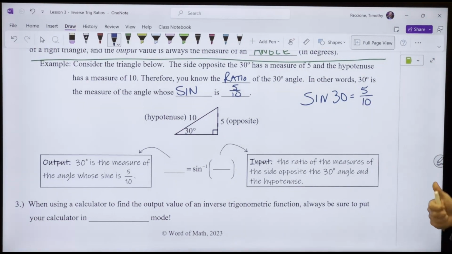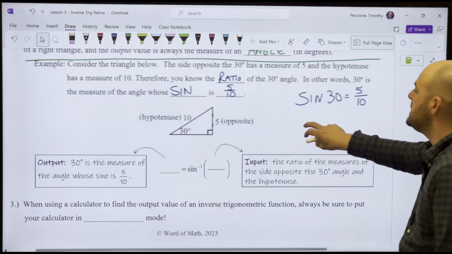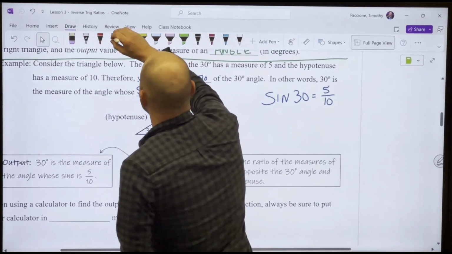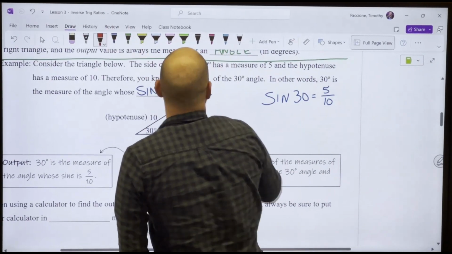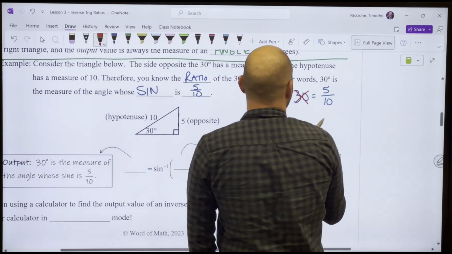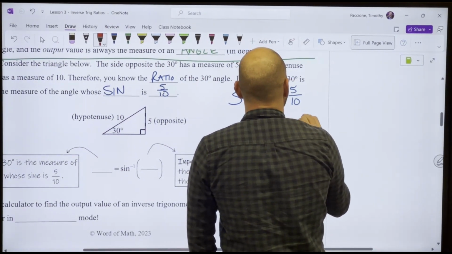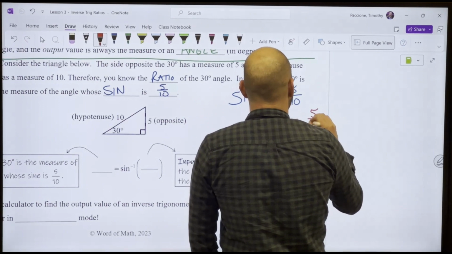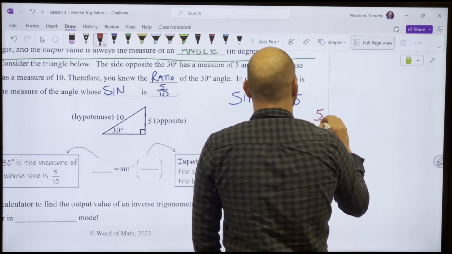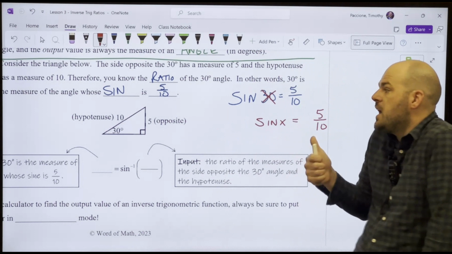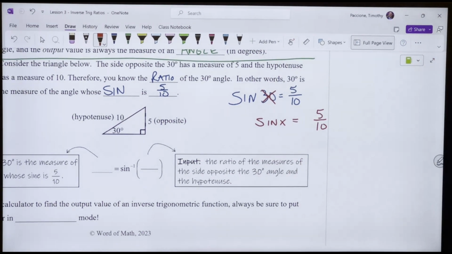But now we're going to pretend we don't. We're going to pretend that this angle is a question, is an x. So let's change that to sine of x equals 5 over 10. And we have to find that x. Now we know it's 30, but this will be a nice way to see that this works, right?